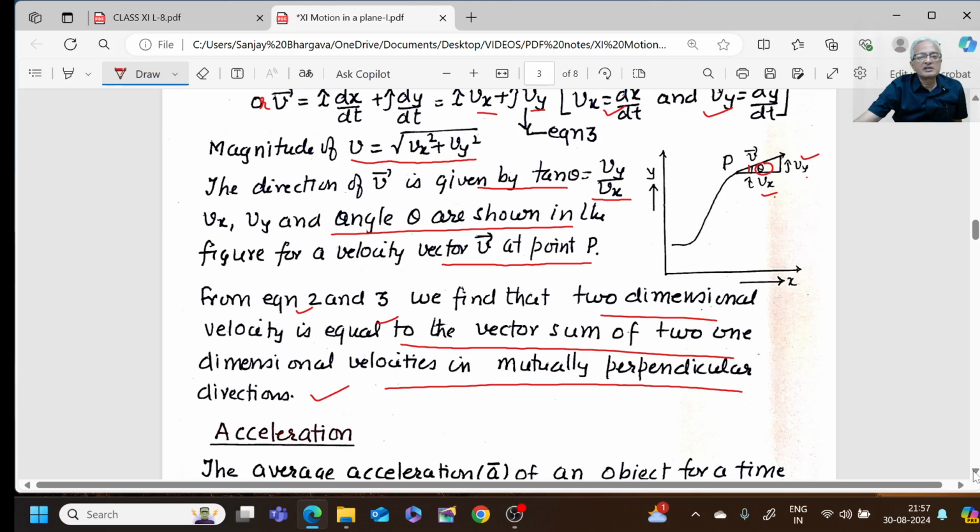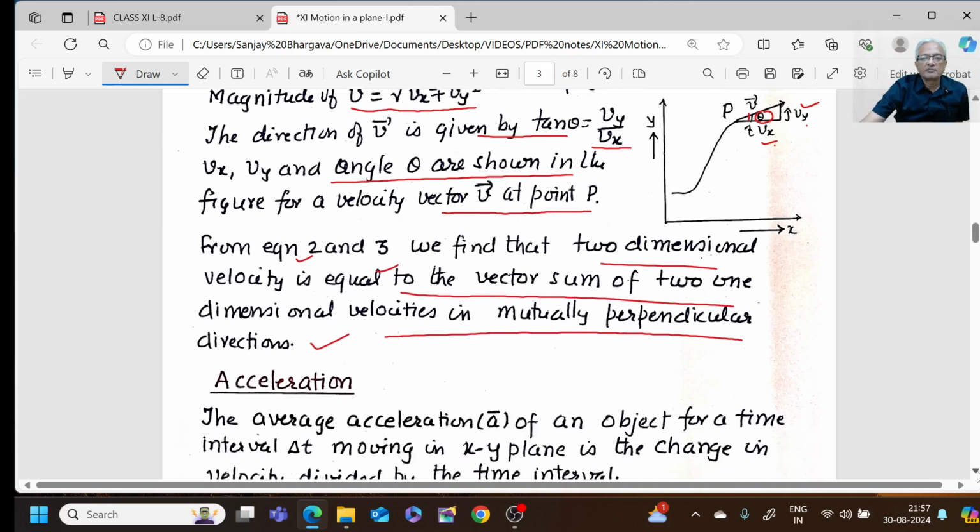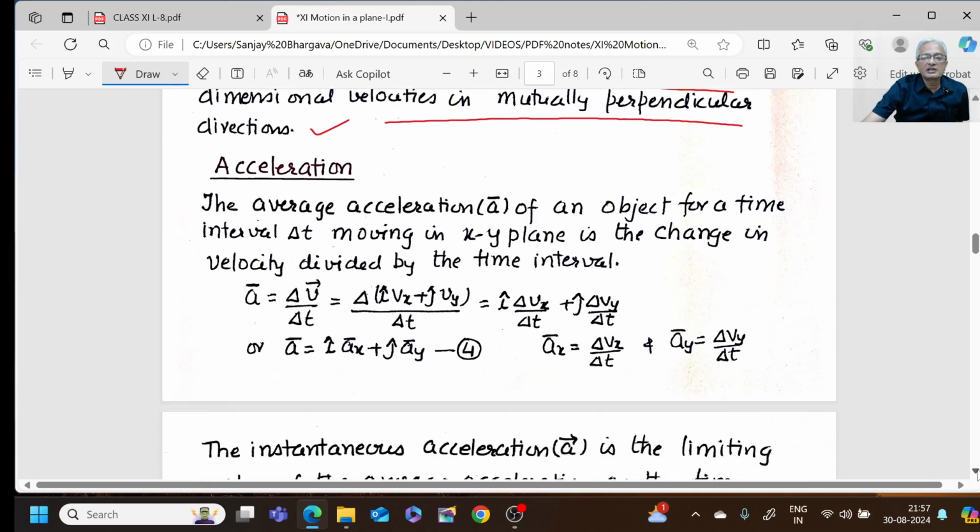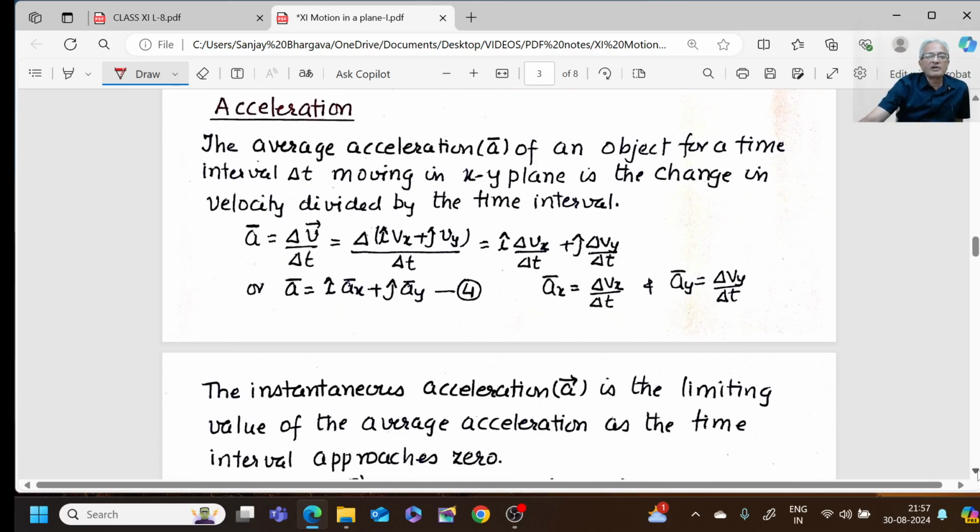Now let us discuss acceleration. We'll talk about instantaneous acceleration and average acceleration. The average acceleration of an object for a time delta t moving in the xy plane is the change in the velocity divided by the time interval. So average acceleration is change in velocity over time interval, and v can be written as i of vx plus j of vy.